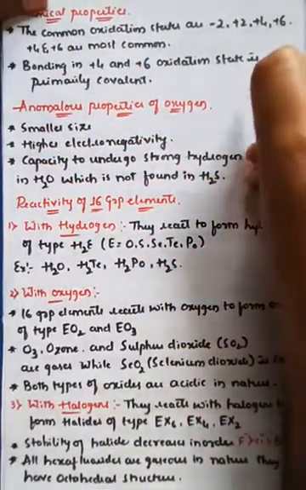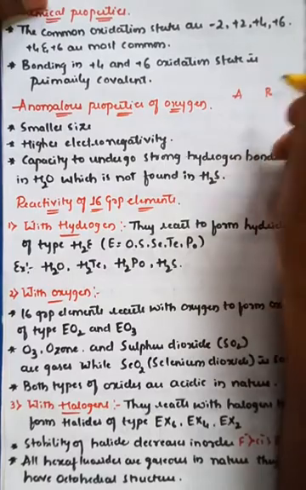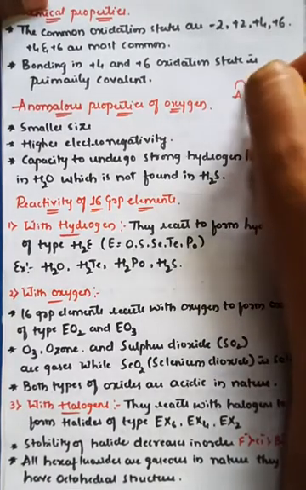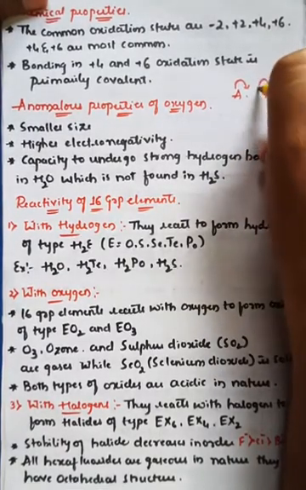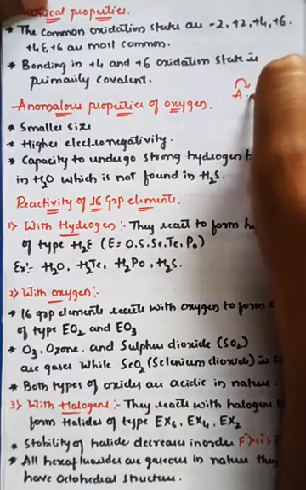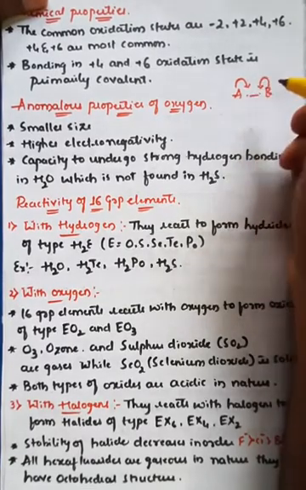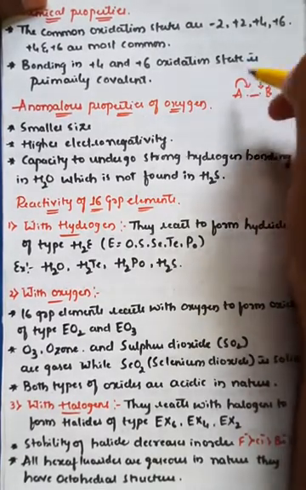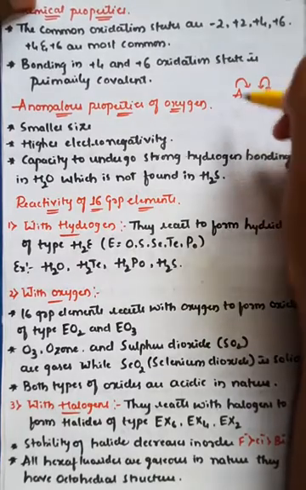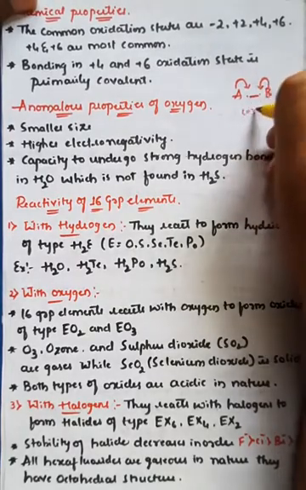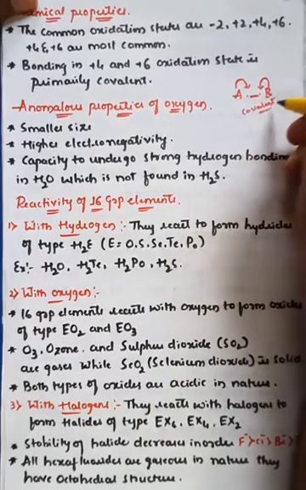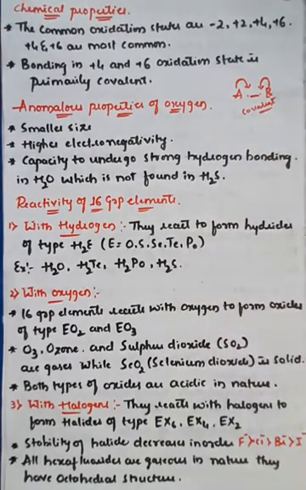For example, if A and B are two elements, A gives one electron as well as B gives one electron, and there is a formation of a bond between A and B. Due to the mutual sharing of electrons, this bond is called a covalent bond. So the bond formed between two elements due to the mutual sharing of electrons is called a covalent bond.